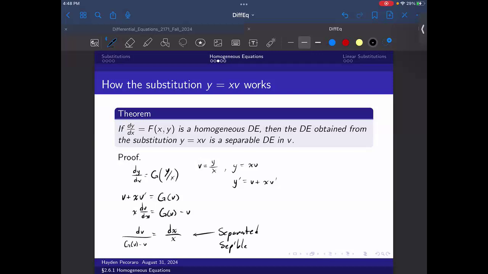We have all the v's on one side, all of the x's on the other. And so now we can integrate both sides. And so our solution ends up being antiderivative 1 over g of v minus v dv equals log absolute value of x plus c.